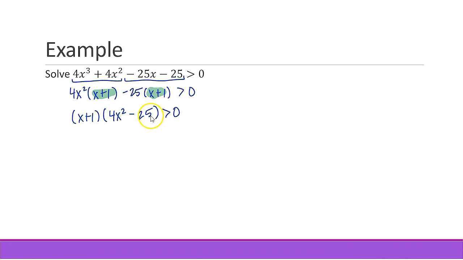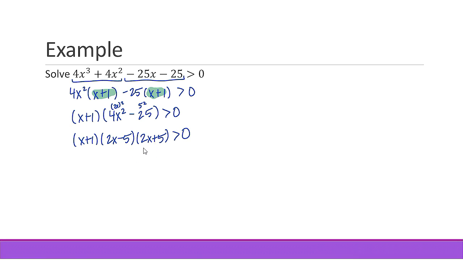And now the quadratic is a difference of squares again. So 4x squared, that's 2x quantity squared, and then minus 5 squared. So we have x plus 1 times 2x minus 5 times 2x plus 5. When is that greater than 0?